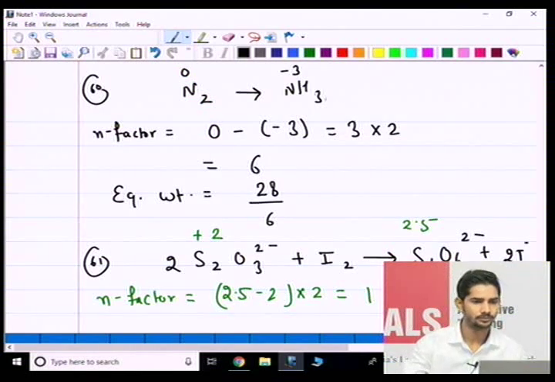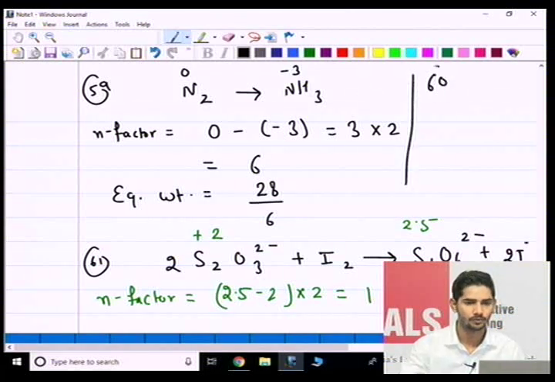You can change it. This is 60, oh okay, this is 59 actually. I'll solve 60 as well on the basis of this one. What you have to do, n factor will be changed.